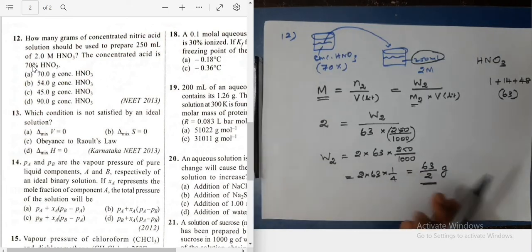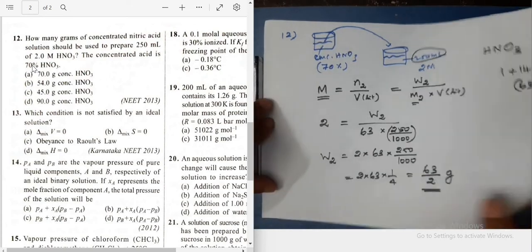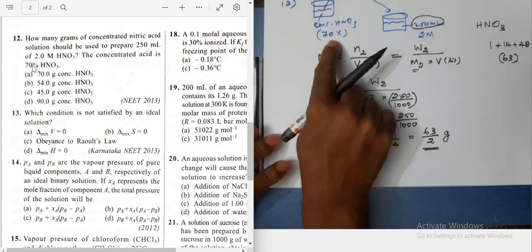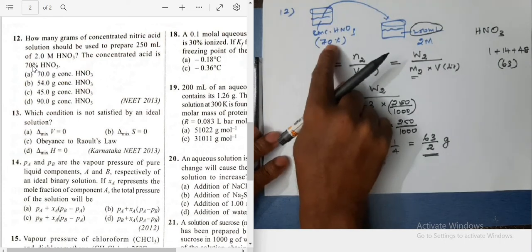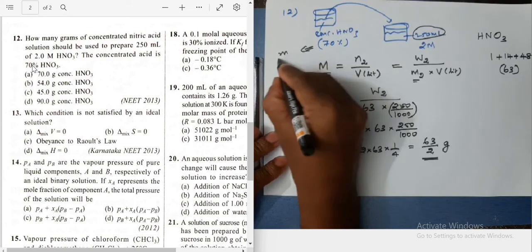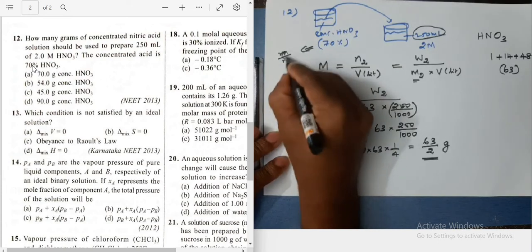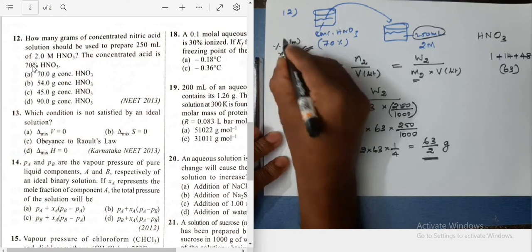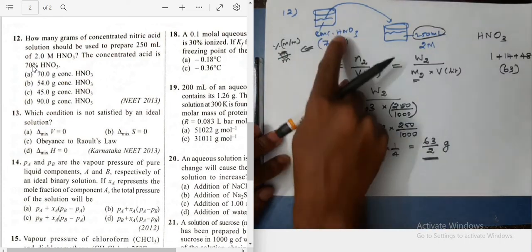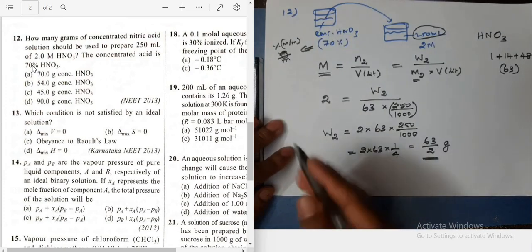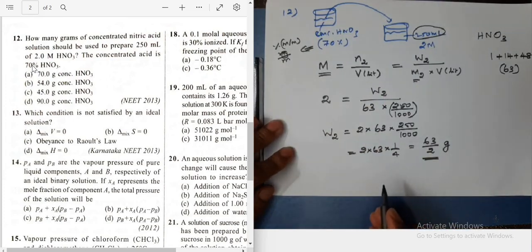How to do that? It's very simple, let me write here. You know very well, here 70% is given. If nothing is mentioned, you remember this is percentage mass by mass. So what is the definition of percentage mass by mass?